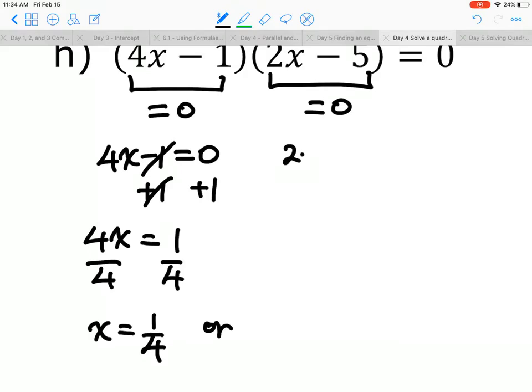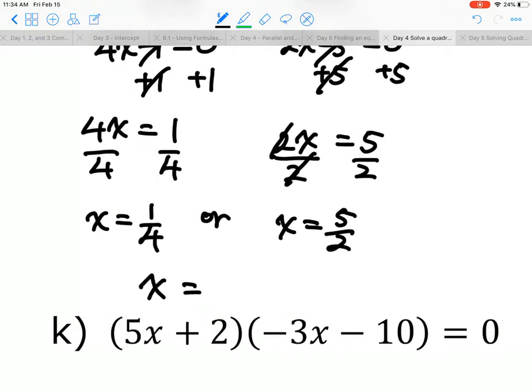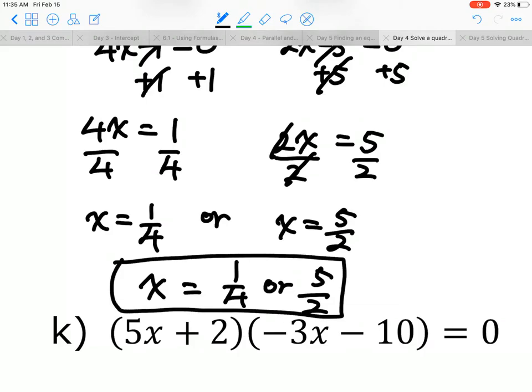Or 2x minus 5 equals 0. So add 5, so that the 5's are gone. So 2x equals 5, divided by 2, so that the 2's will be gone. So x equals 5 over 2. So your final answer is x equals 1 over 4 or 5 over 2, right? I'll just put the box around it.